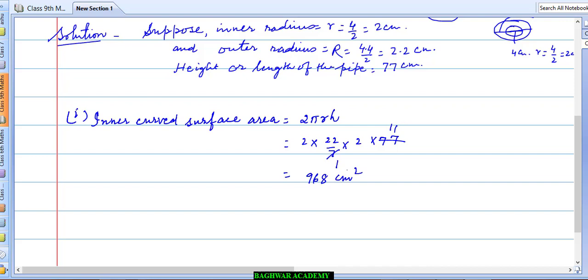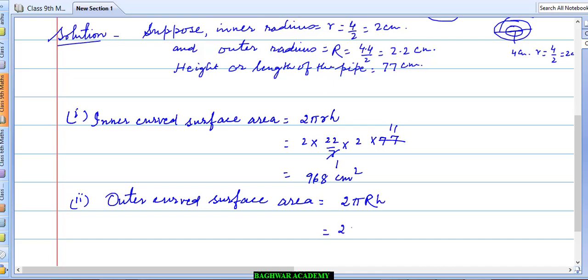In the same way, we need to find out the outer curved surface area. So the outer curved surface area is equal to, again the same formula will be applied, 2 pi, here capital R, h.